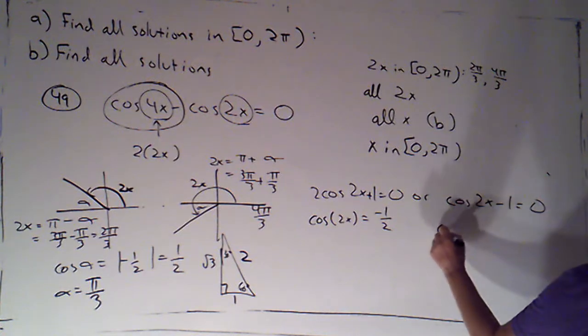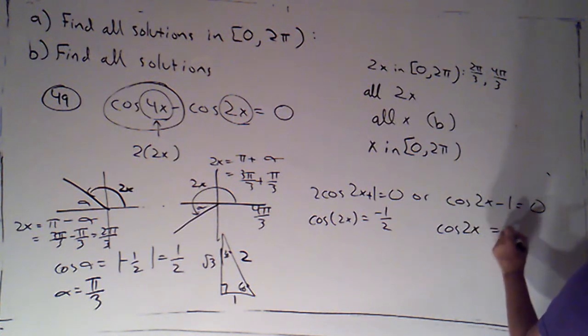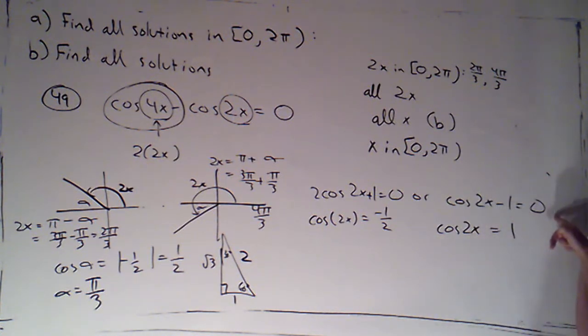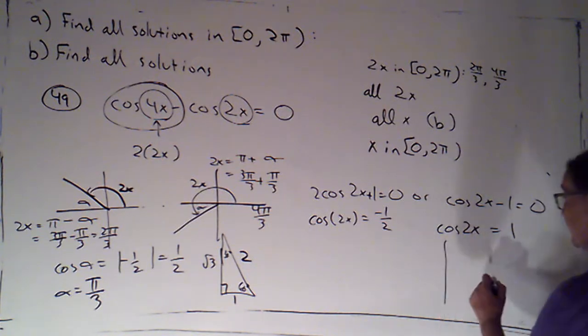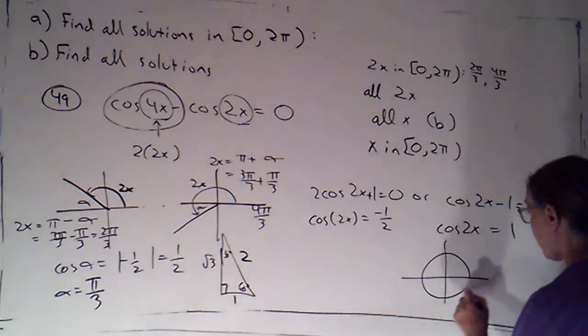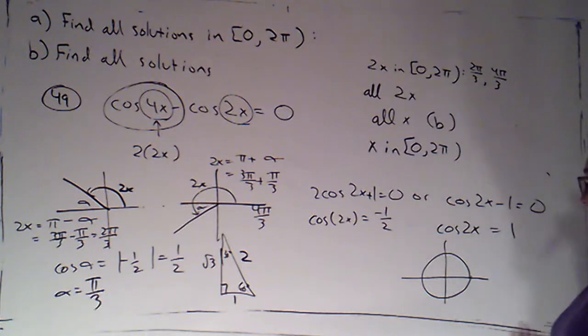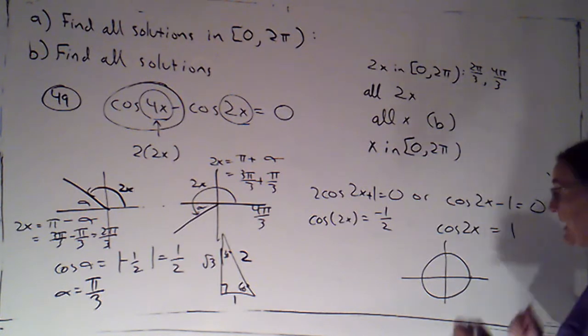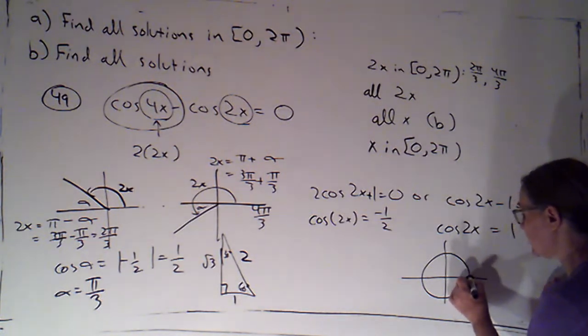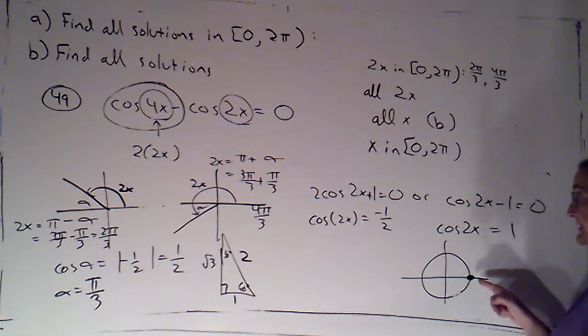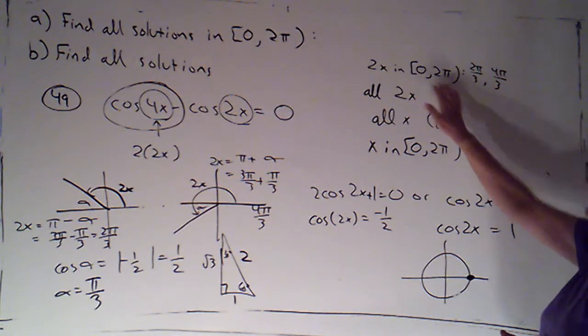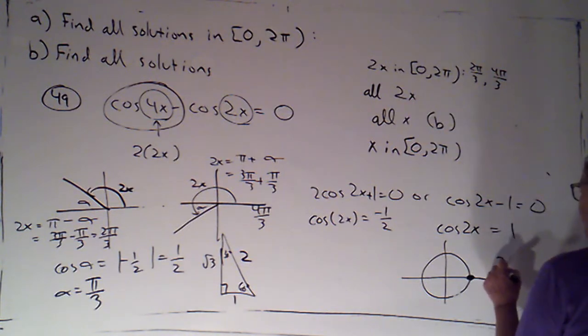Second equation we have is cosine of 2x would equal 1 if I add that over. Now that's going to tell me that we're at a quadrantal angle. That's the biggest value cosine ever takes on. And the only place on the unit circle where the x value is 1 is here. The only angle in this interval that lands there is 0.